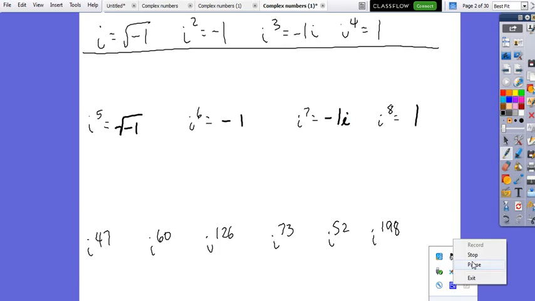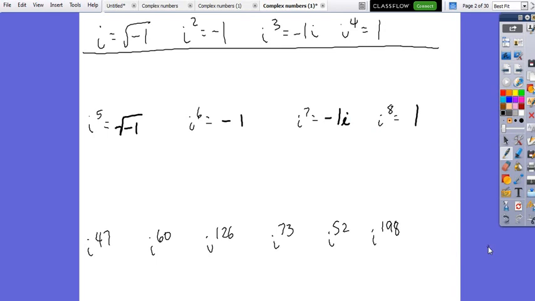All right, so i to the 47. Anytime you're dealing with an exponent greater than 4, what we want to do is simply divide that exponent by 4 and find the remainder. It's that easy. So what's 47 divided by 4? Let's find the multiple of 4 that's closest to 47, the one directly under 47.